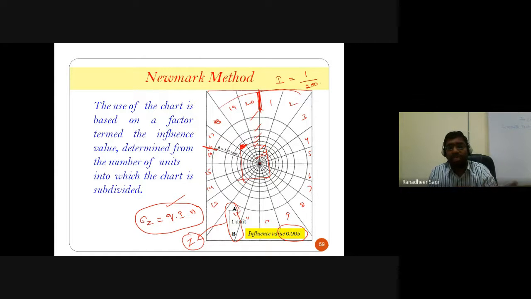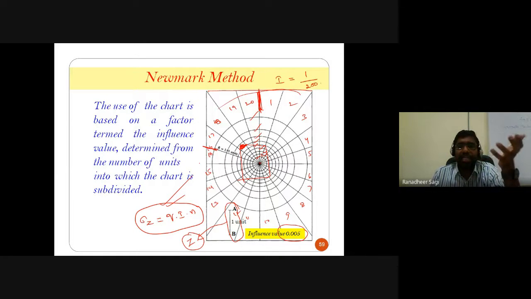Based on that conversion, your original dimension of the foundation has to be redrawn on a tracing paper to overlap onto your pneumatic chart, and accordingly count how many elements are being covered by that tracing paper, and make use of this particular expression to calculate your vertical stress.